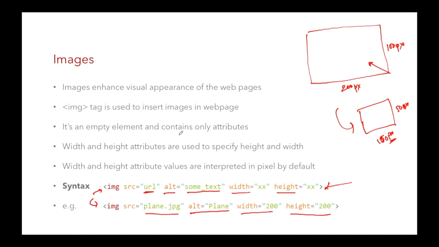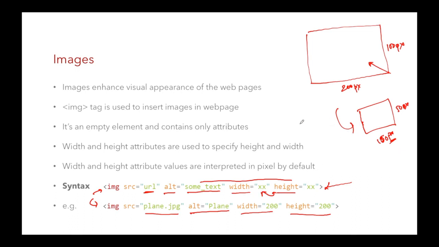One thing to importantly understand here is all these attributes are optional, but when you don't specify either of these two, let's say you have specified width and not height, or vice versa, the other parameter will be calculated in the same ratio automatically.